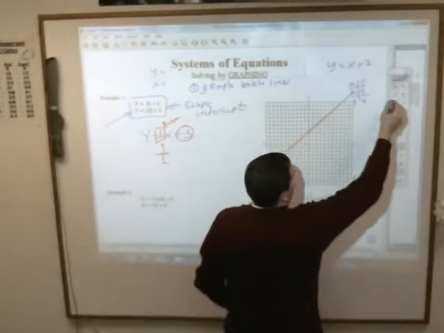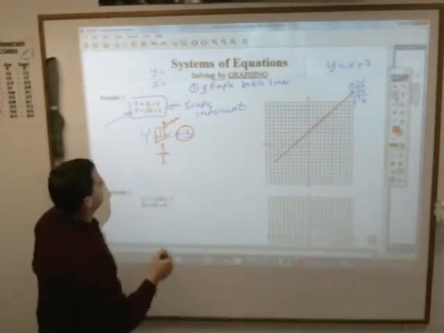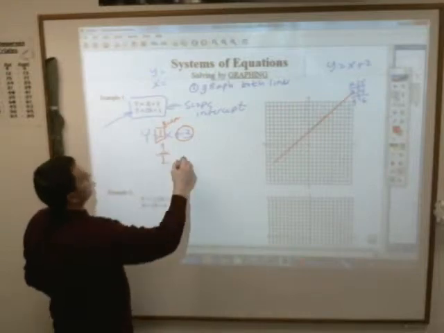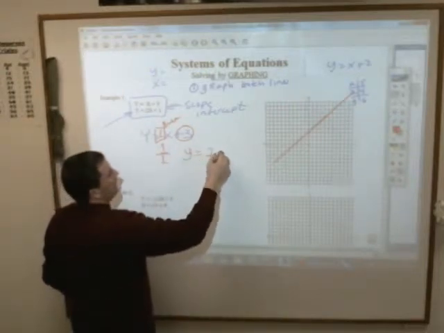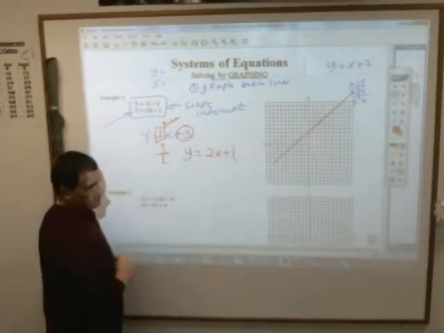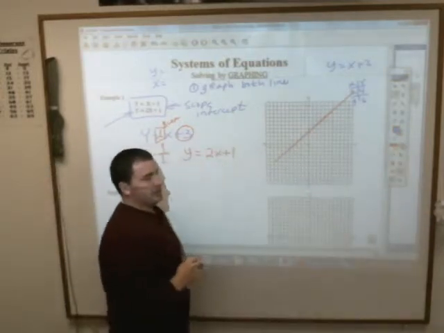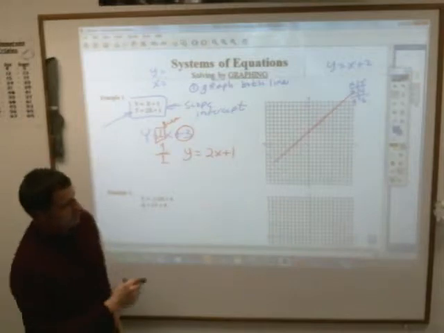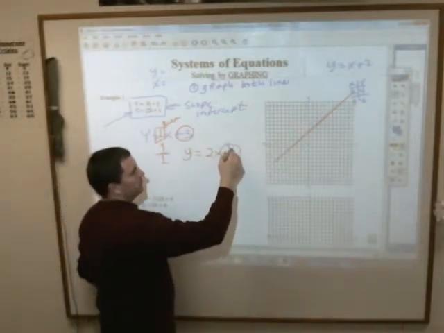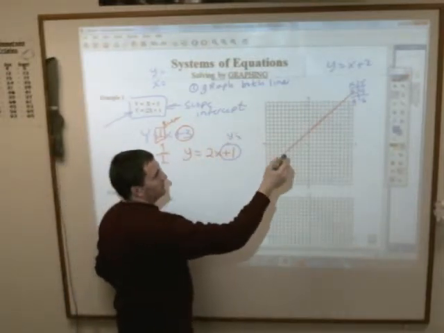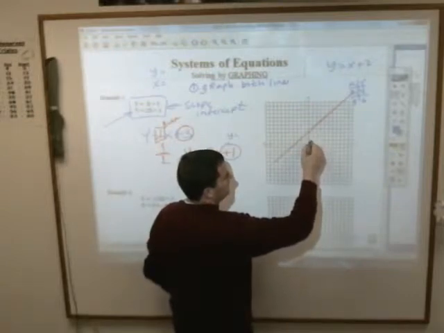You need to graph the other line, which is y equals 2x plus 1. What's the first thing I do on that line? Where does it cross the y-axis? 1. That's your y-intercept right there. So at 1 you put a dot.